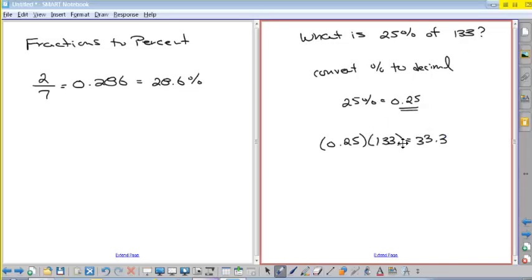So we would not do this; this is not right. You might say, well, I convert that in my head, but no, don't do that. Convert percent to decimal, do the math.